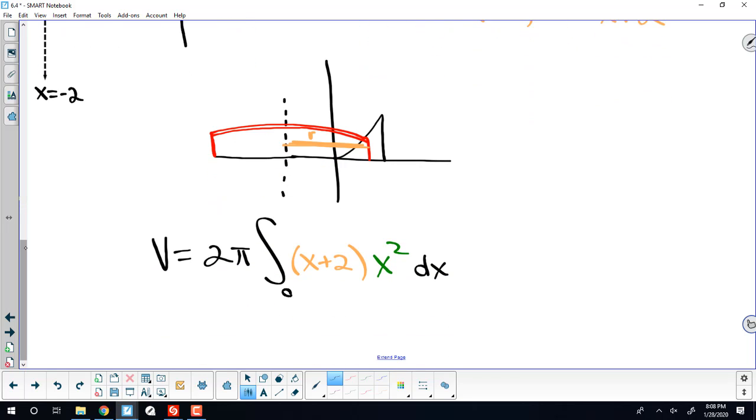So our bounds are 0 to 1. And that's the setup for number 6. Anyone have any questions on that?